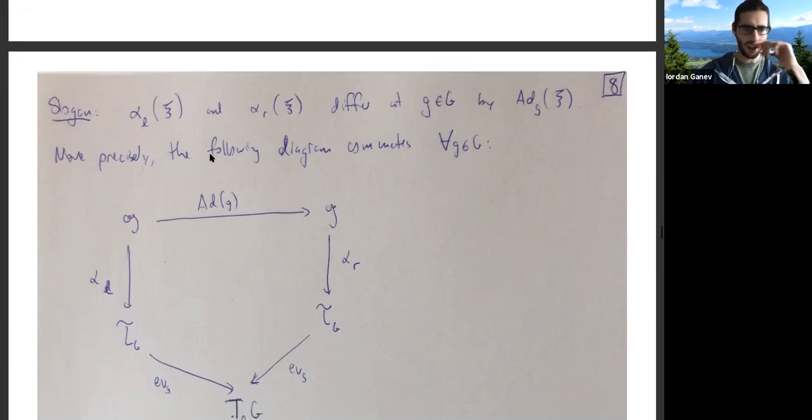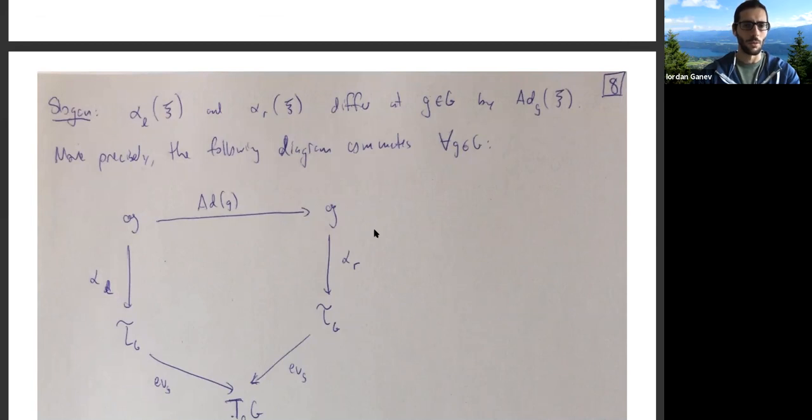This alpha L of xi and alpha R of xi, they differ at little g, so at the tangent space of little g, by the adjoint action of little g on xi. So that's a vague statement.